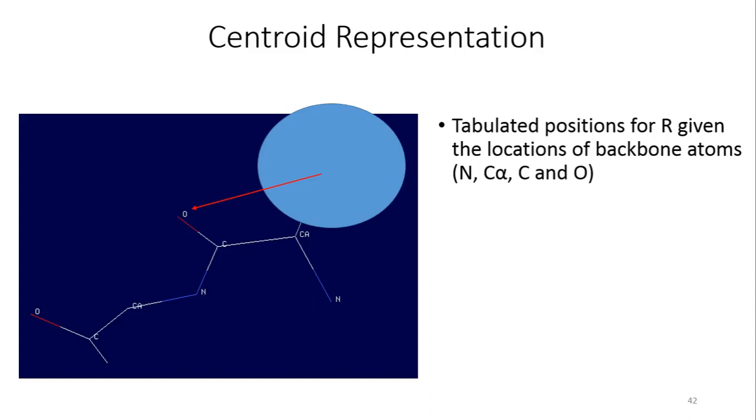That is, they tabulated parameters for calculating the bumps. Okay, for example, distance between this R and N. What is the distance between this R and this C alpha carbon atom? What is the distance between this R and carbonyl carbon atom? What is the distance between this R and carbonyl oxygen atom?